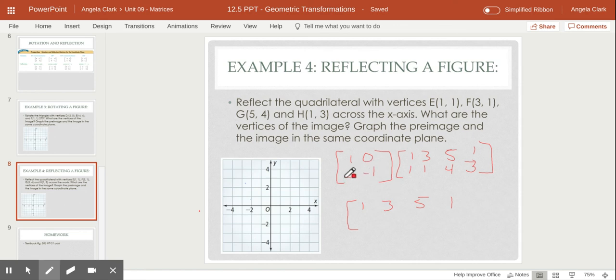The bottom row, we're going to get 0 plus negative 1 times the bottom number. So essentially, the top row is not going to do anything to it because this is just 0. The bottom row is going to change its sign. So it's going to be the same except with a sign change.